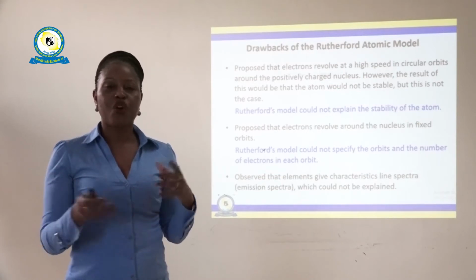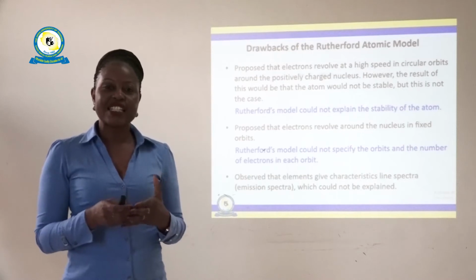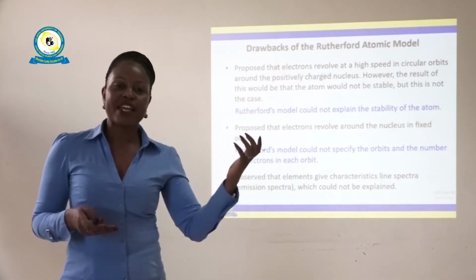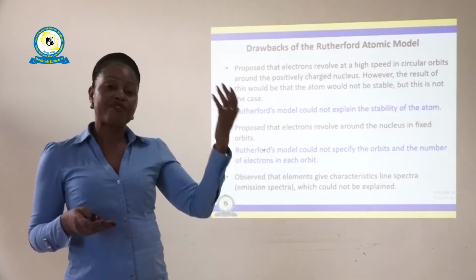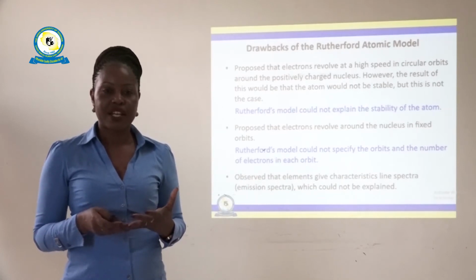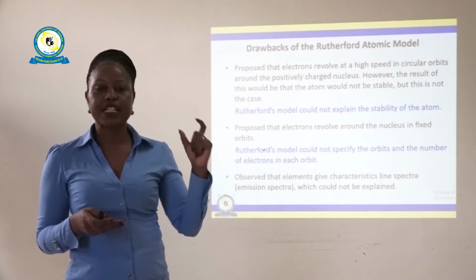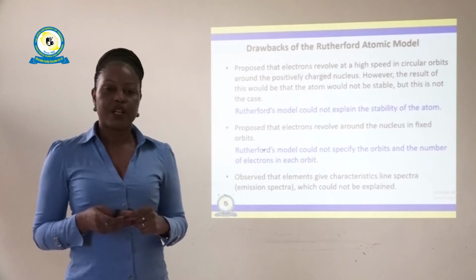Because in the course of revolving, there would be some energy discharge, and eventually the electrons may fall into the nucleus. But that does not happen. So the Rutherford model could not explain the stability of an atom.